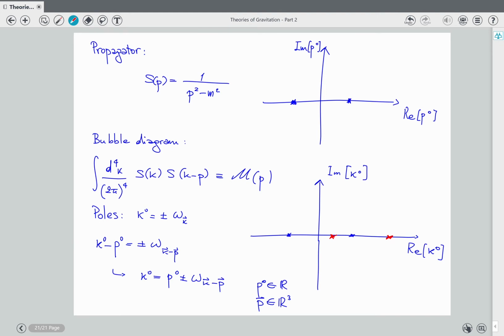Because in the end the external momenta will have to be real, but we want to study them in a complexified framework. So how to calculate this integral? Because we have to integrate on k0, the loop energy, which means that you have to integrate there. And the integral on the real axis is singular in 4 points.